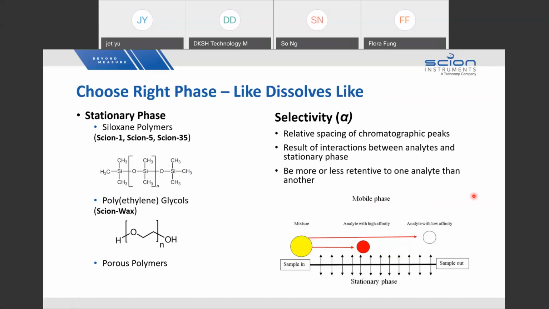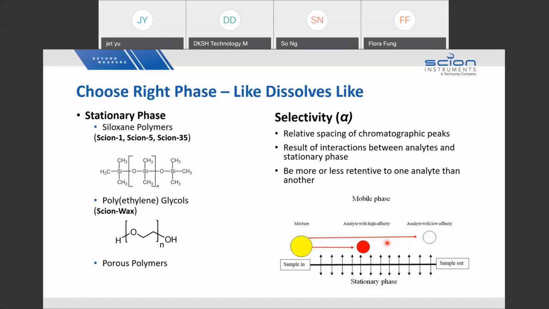This is less likely for the components to stay in the column, because this is a dynamic equilibrium. It's not like I capture you and you stay with me, or please don't leave. No. The carrier gas is there, pushing the analytes throughout the column.